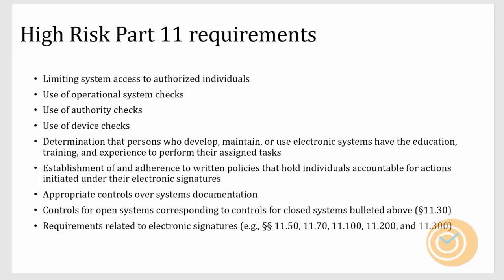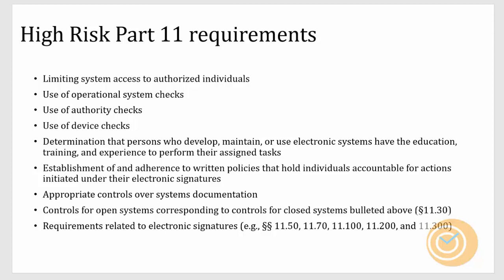And the determination that the persons who develop, maintain, or use the electronic system shall have education and training records. So it is very important to make sure that you have all the training records in place. You should have qualified people using the systems, and you need to keep their training records.